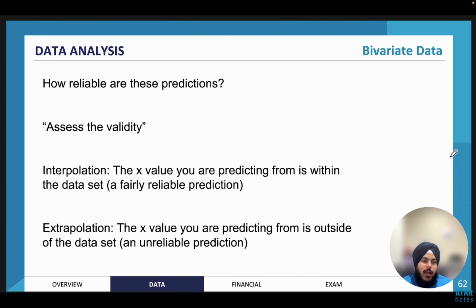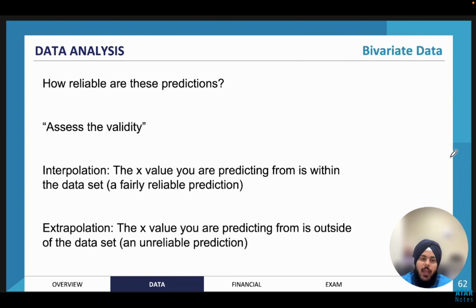Okay, so now let's move on to linear regression. How do we actually use a model, and how do we assess whether the predictions we're making are valid and reliable? Well, if we are predicting a value within the data range, that is termed interpolation, and those values are going to be fairly reliable.